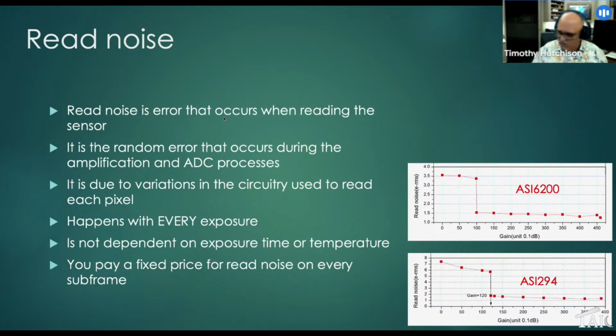I raise my hand. Tim, what's analog to digital conversion? Okay, so let's think about this. We have a voltage that might be 0.1 volts or 0.15 volts or 0.2 volts or 0.5 volts or 1 volt, right? That's an analog value. It has infinite resolution, and it's a measure of magnitude, right?